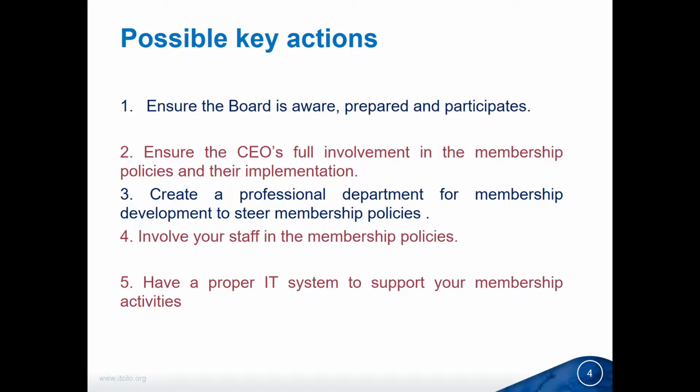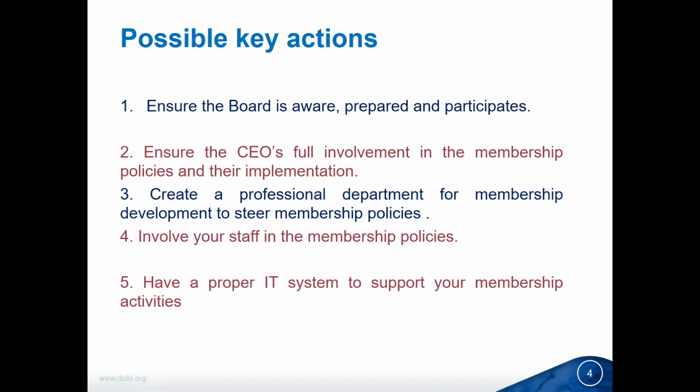In this slide, you can read a number of possible actions that can be performed by your organization to make sure that these key enablers are up and running. Number one, ensure that the board is aware, prepared, and participates. Then point two, ensure that the CEO is fully involved in the development of membership strategies, policies, and their implementation.